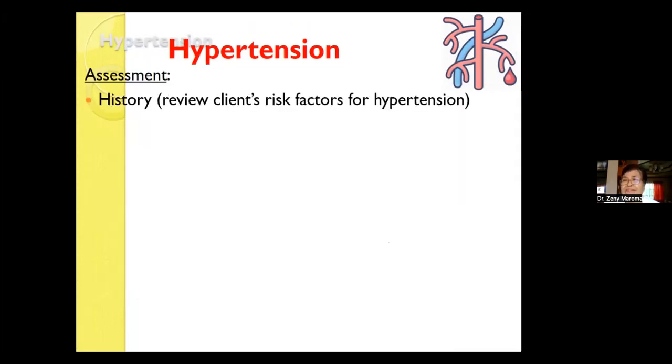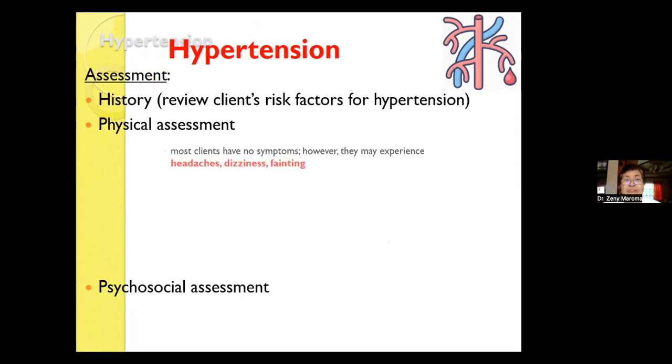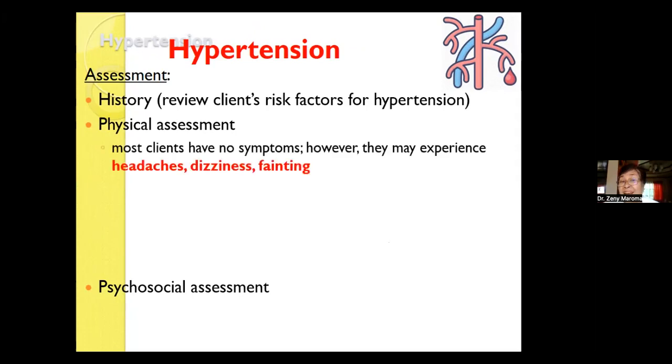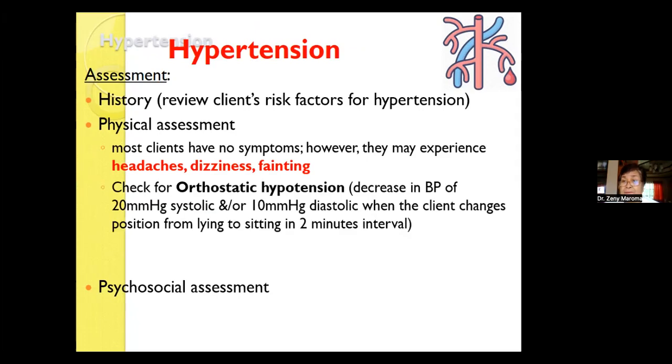So anong assessment? Nurse, take the history. Review client's risk factors for hypertension. Yung ating risk factors dito, no? Sa kaliwa. And physical assessment, most clients have no symptoms. Most clients are asymptomatic. However, they may experience headache, dizziness, fainting.